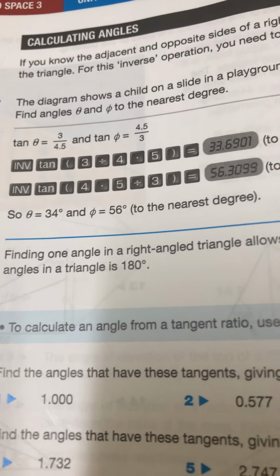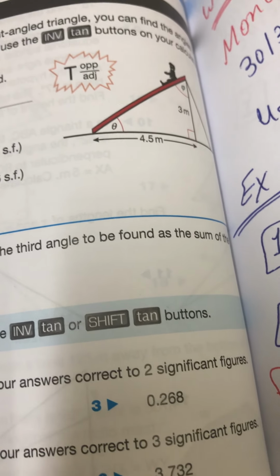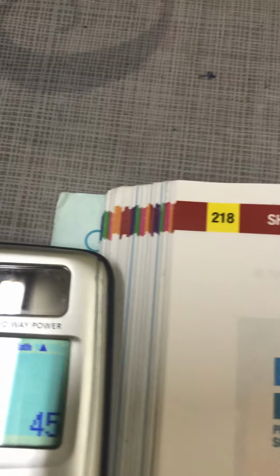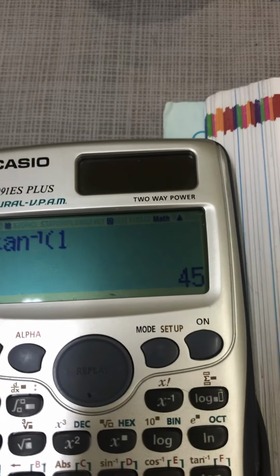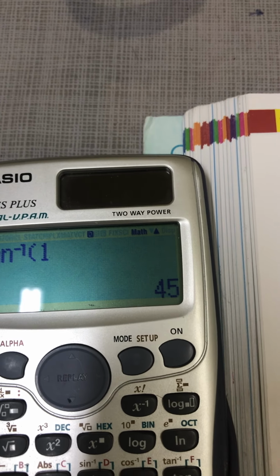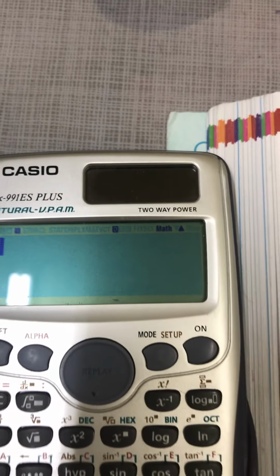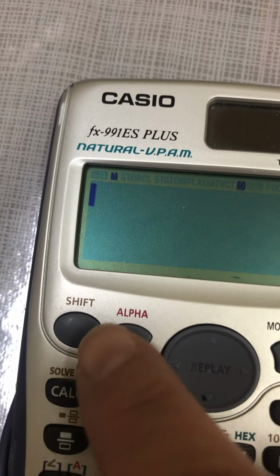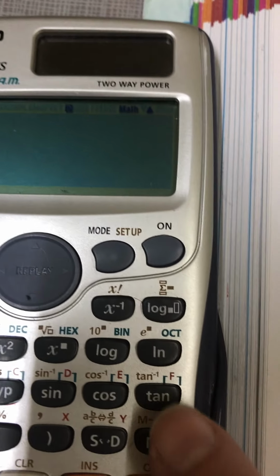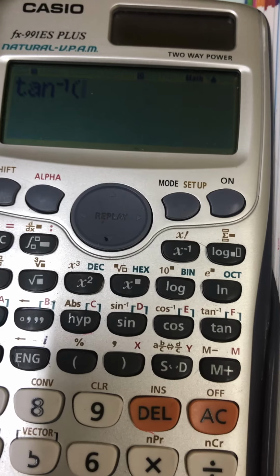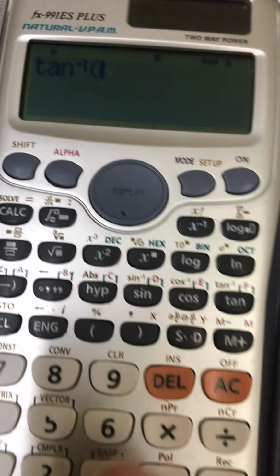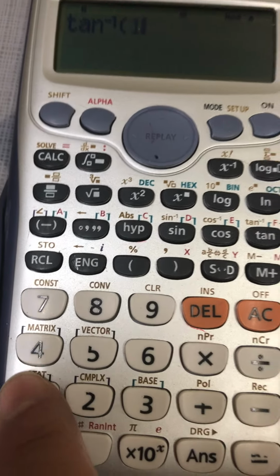Find the angle that has these tangents, giving your answer correct to 2 significant figures. The answer is already 2 significant figures, as you see, 45. Again, what I did, you have to memorize the steps well. I have the ratio 1, that's to say 1 over 1. In the beginning, I press shift, then 10, then write the fraction if you have a fraction, or here I have 1, press 1.